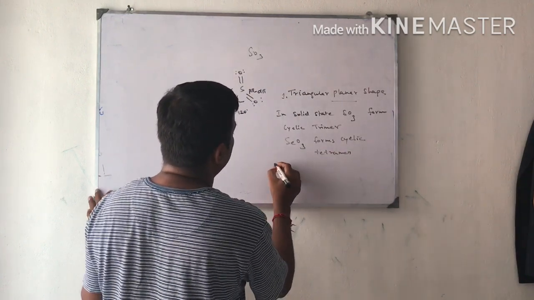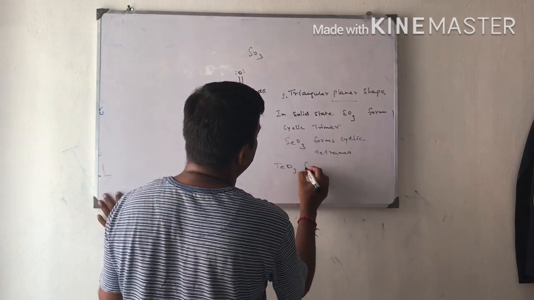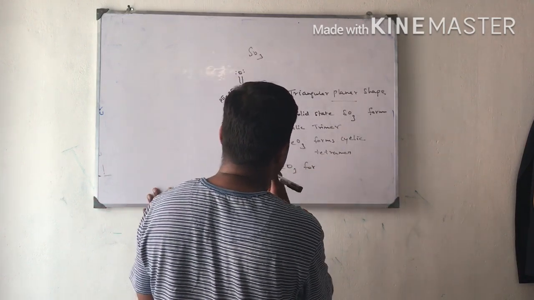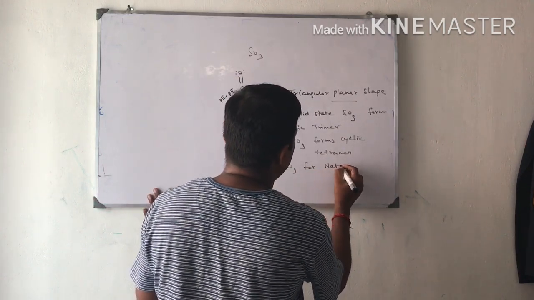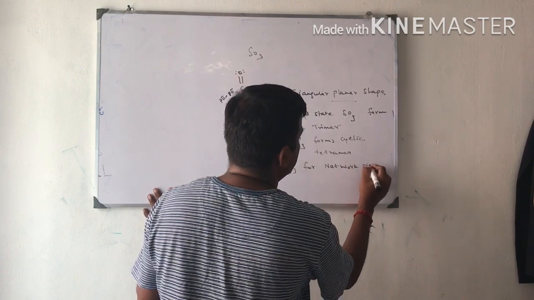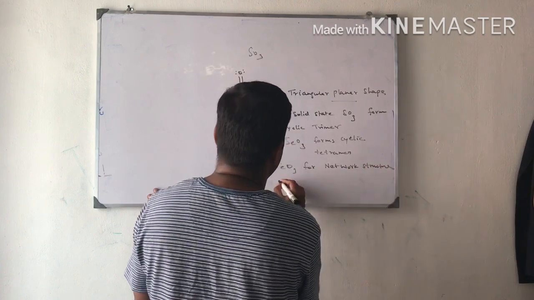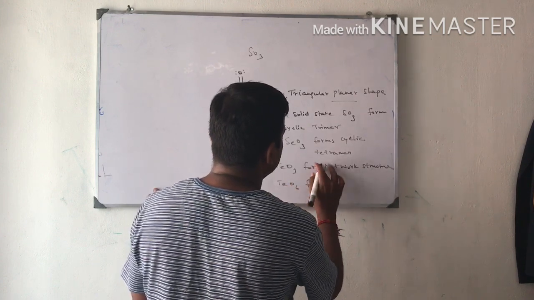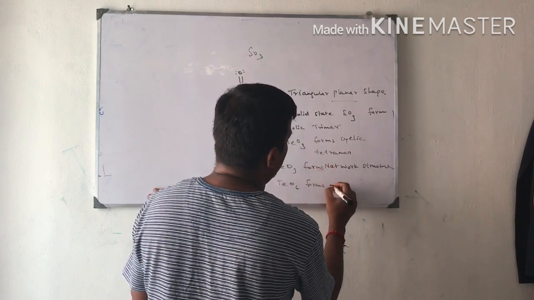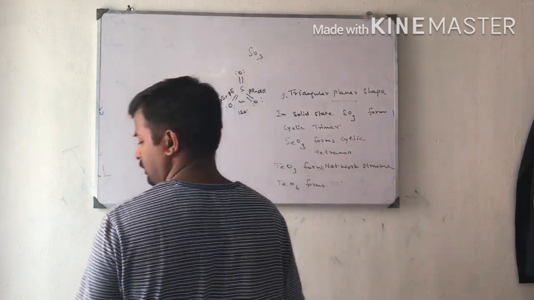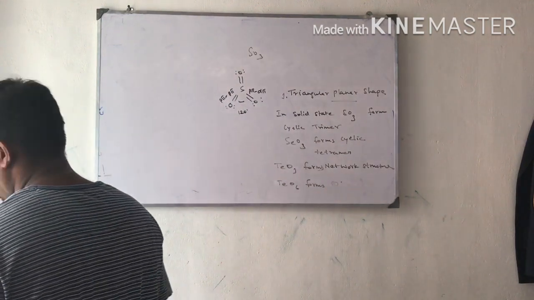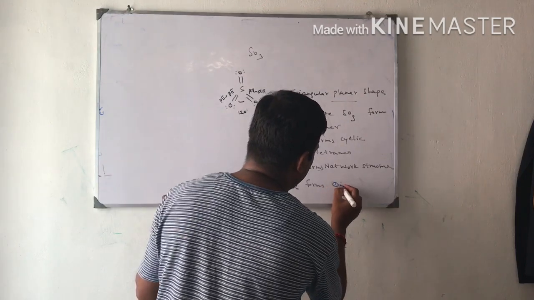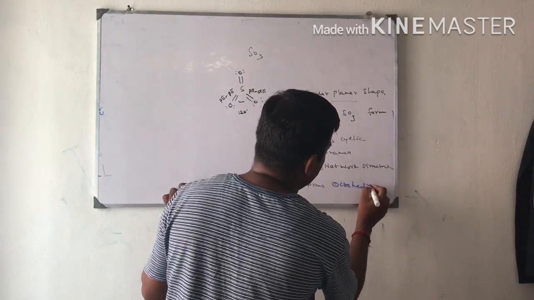Likewise, tellurium trioxide forms a network structure. Tellurium octoxide forms an octahedral structure.